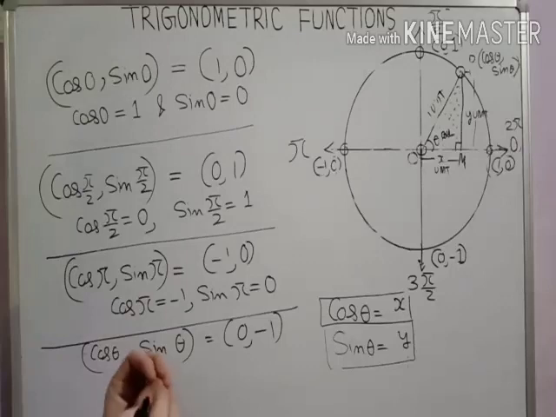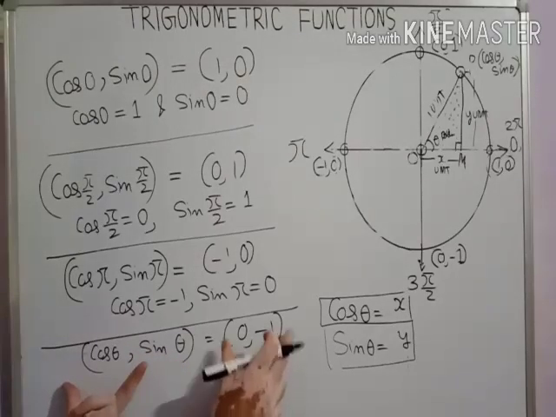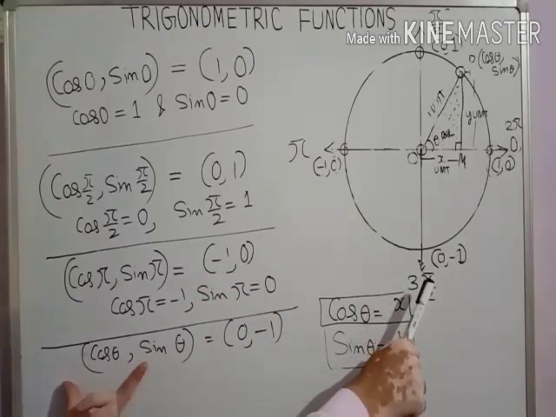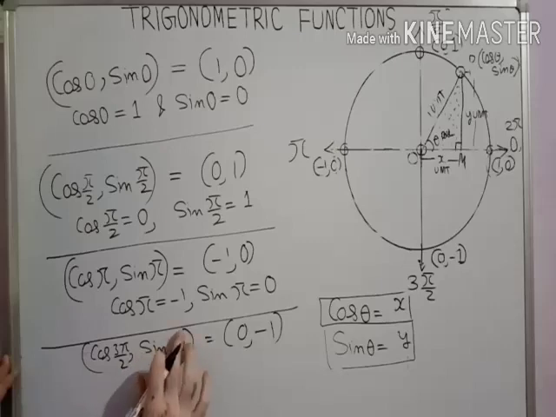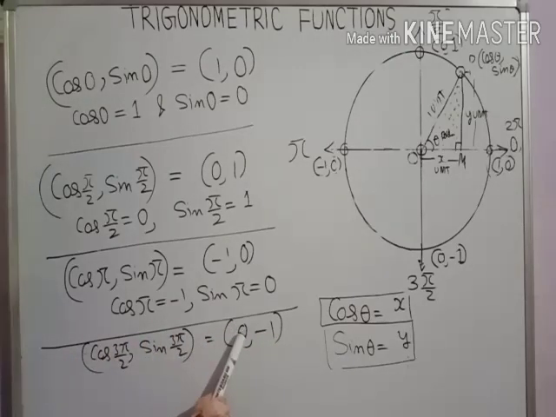If I ask at which theta both the points will coincide, your answer would be, sir, at theta equals 3 pi by 2. So I replace theta here with 3 pi by 2. Theta is 3 pi by 2. It means if both the ordered pairs are equal, first element equals first element and second element equals second element.